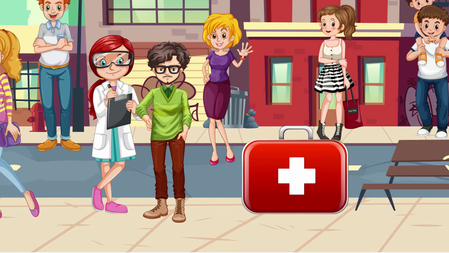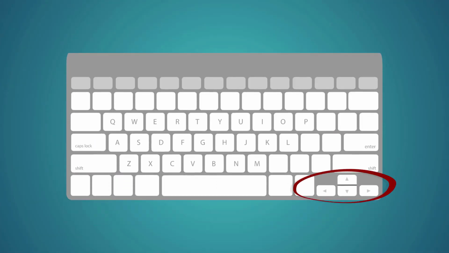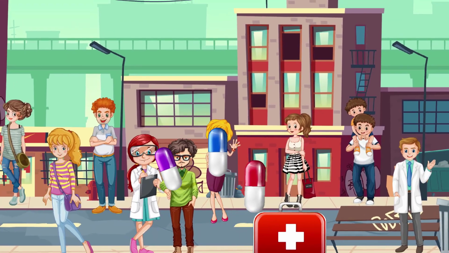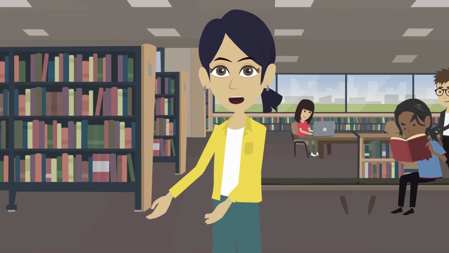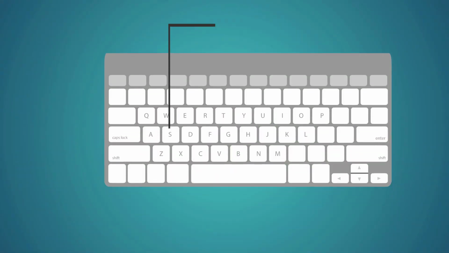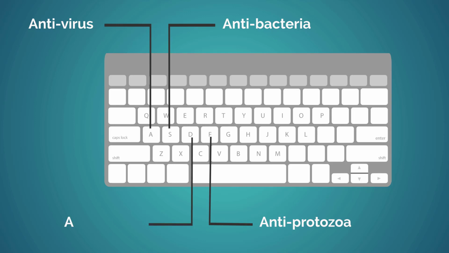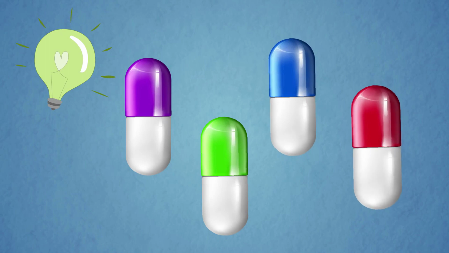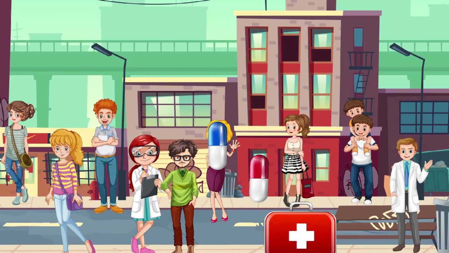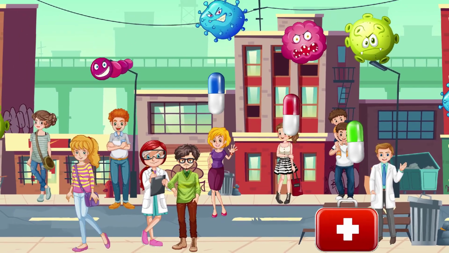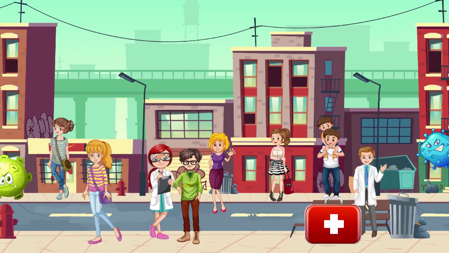The medicine box can be controlled by arrow keys on the keyboard, and you can shoot the antibodies by pressing the following keys: S for antibacteria, A for antivirus, F for antiprotozoa, D for anti-worm. The trick is to choose the correct antibody to kill the pathogens it is meant for. If you fail to do so before they come in contact with the humans, they will kill them.